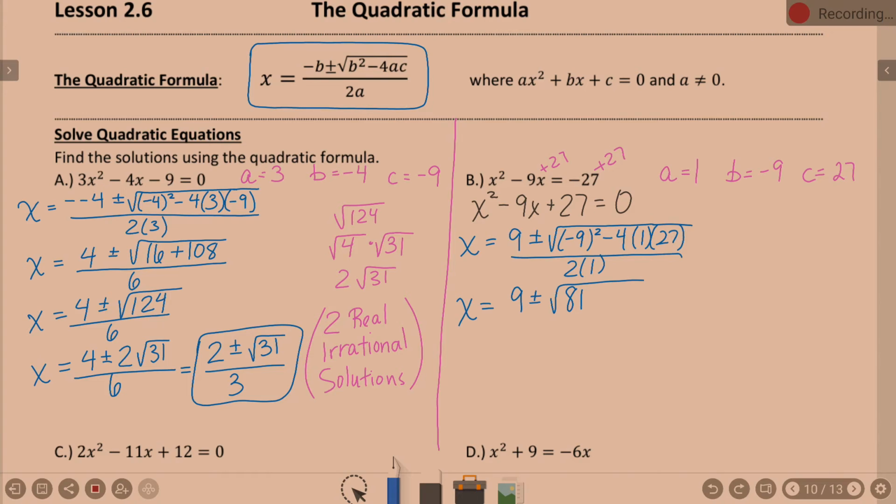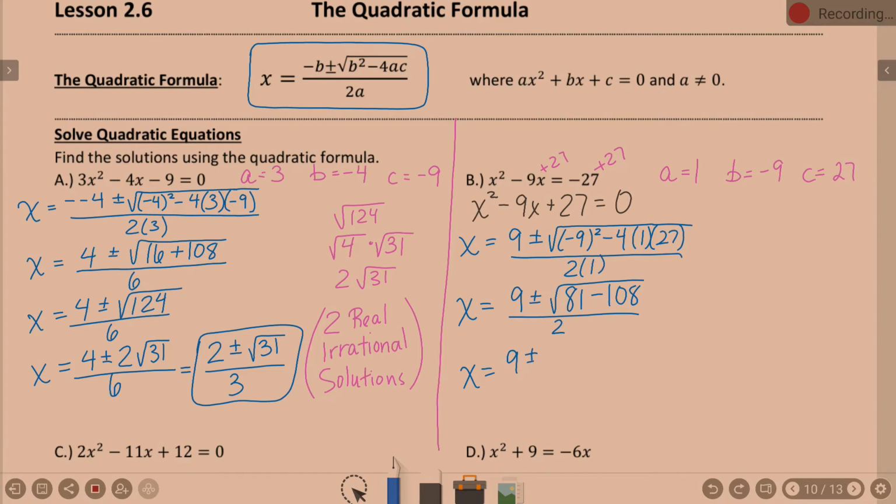So minus 4 times 27, 108. Here's my thing, guys. 4 times 25 is 100, and this is 4 times 27, so I know it's more than 100. All over 2. And actually, I probably should have just gone ahead and done the simplification there, but I didn't.